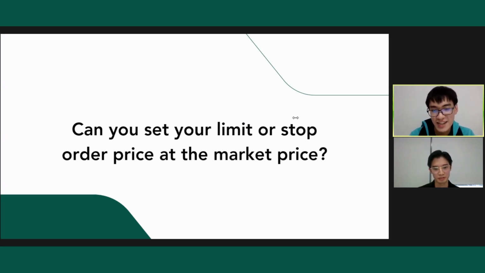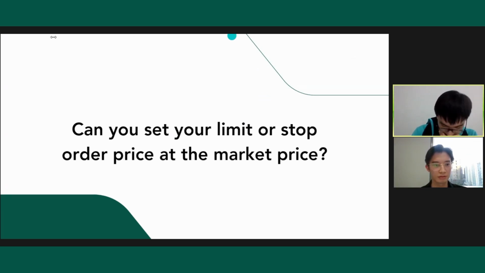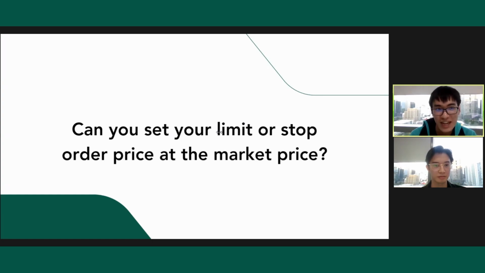So it really depends. If you want to execute immediately, it's better to set your limit order above the market price so that you can get filled immediately. But if you want to wait for the price to go a bit lower, then you can set your limit order a little bit lower than the market price. So it's really up to your preference.